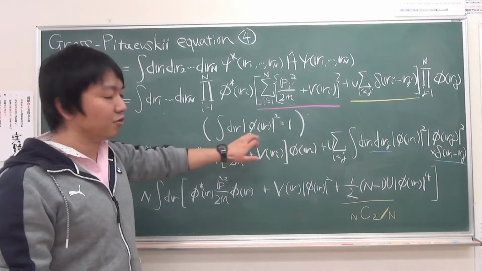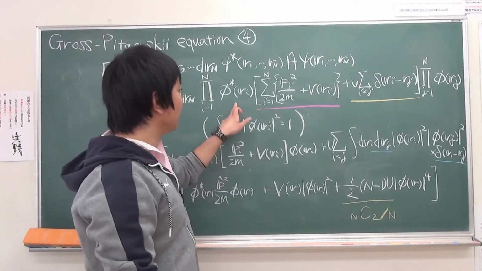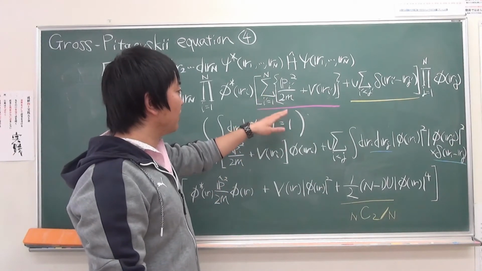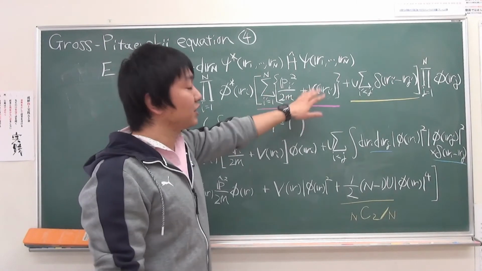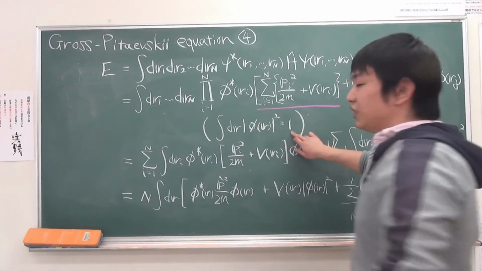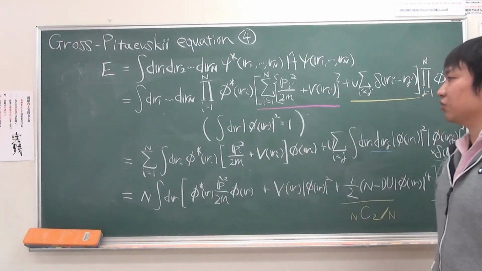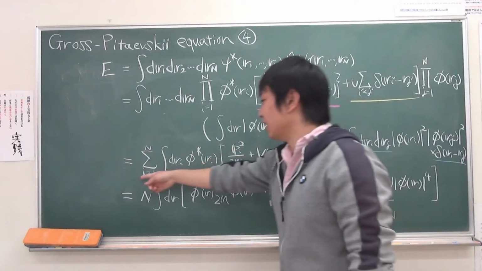Recalling the normalization conditions, a term which does not involve the index of the Hamiltonian, this integration simply becomes unity because of the normalization condition. So this first term can be written like this.